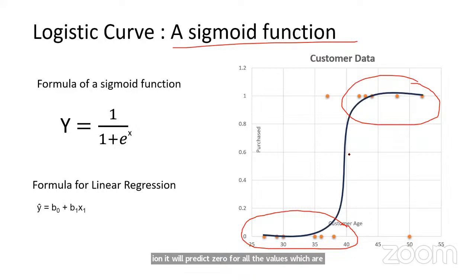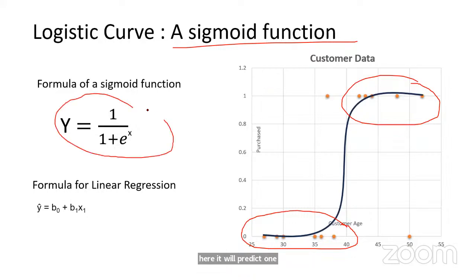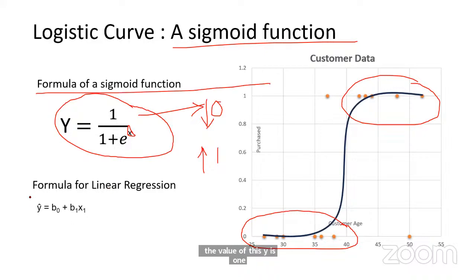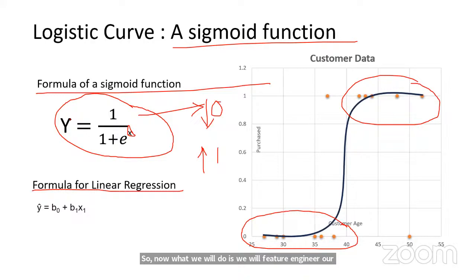The equation of a sigmoid function looks like this: y equals 1 upon 1 plus e to the power minus x. For lesser values of x, this y value is around 0, and for greater values of x, the value of y is 1. Now what we will do is feature engineer our linear regression formula into this sigmoid function. Basically we will use linear regression only, but we will feature engineer this linear regression to fit in this sigmoid function formula.